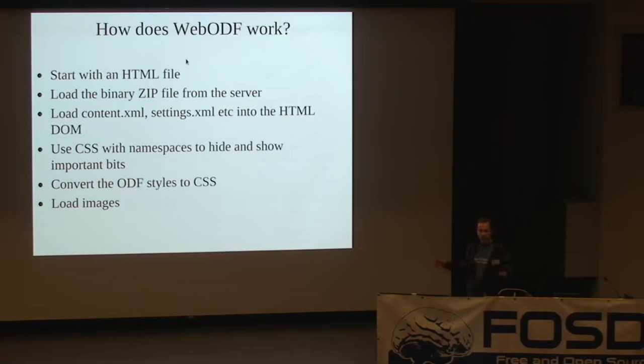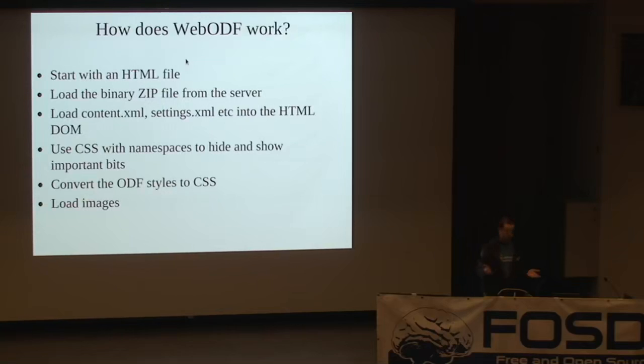If you have a file with large images, it will not get that at once. It will be too slow. So it will first get the index of the zip file, then it will get all the bits which are important to load the content XML file, which is the most important file, the settings XML, the styles XML file, and then it will put the information which is in there in the DOM tree which forms your HTML document.